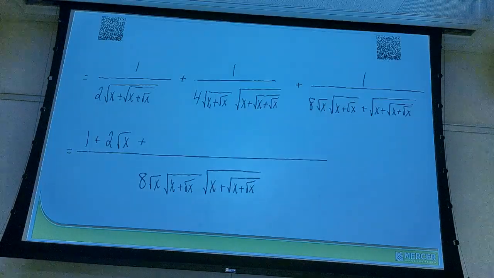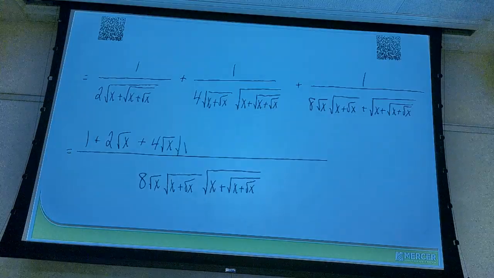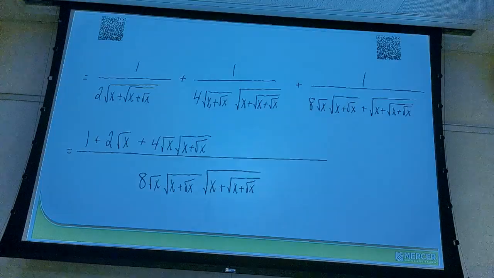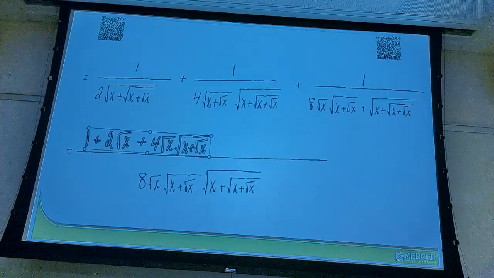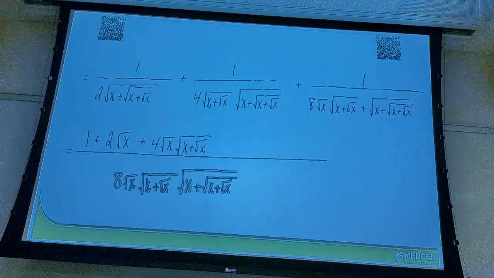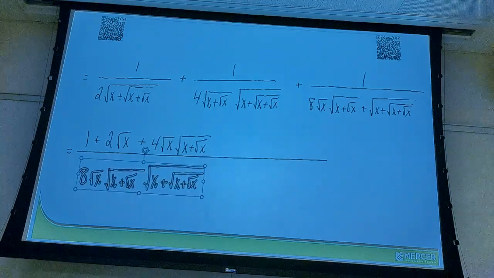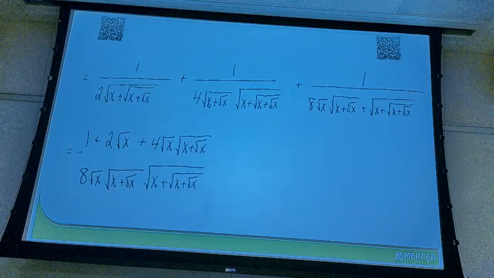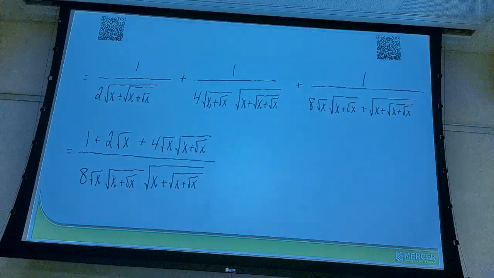And what do I need for the first term? Over root x. Oh, I didn't need that much. Okay. So that'll be fully simplified? Yeah.